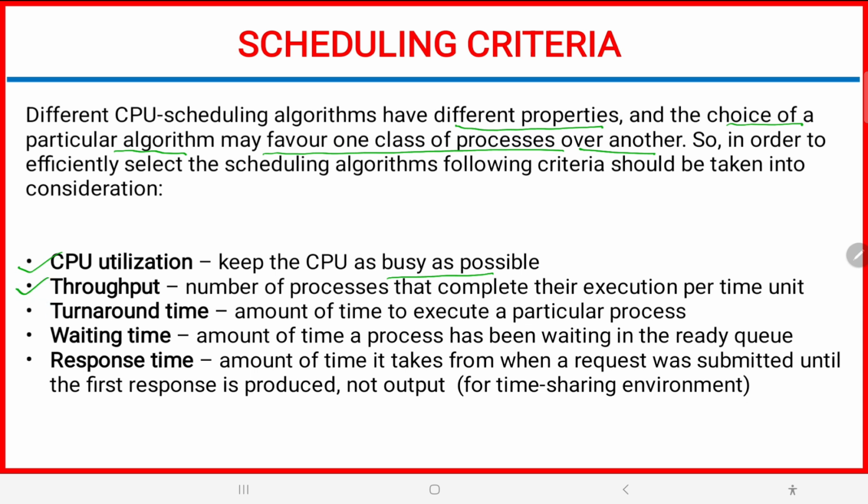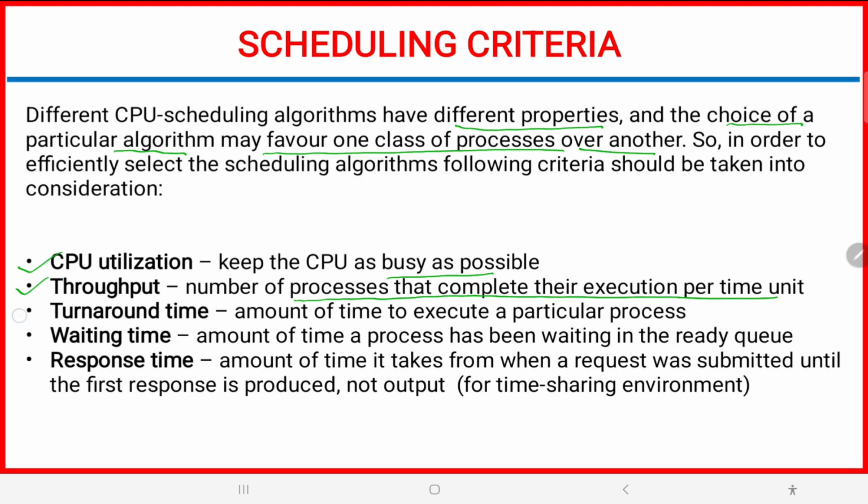The second thing is throughput. Throughput means the number of processes which complete their execution per unit time. So the more the throughput, the better the system. That is, if more processes are completing their execution per unit time, we'll have high throughput, and high throughput basically means a better system.